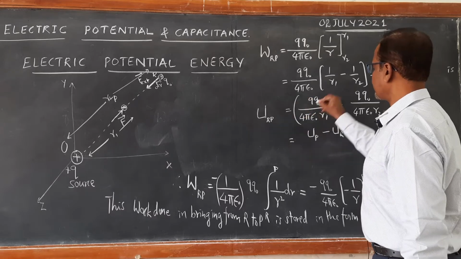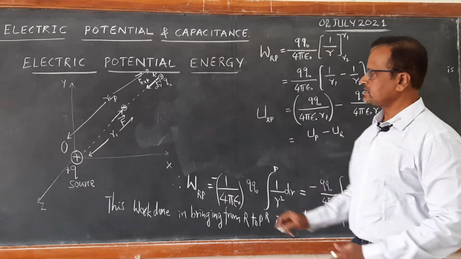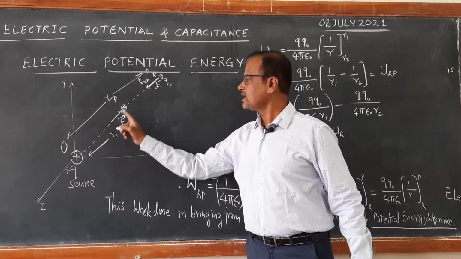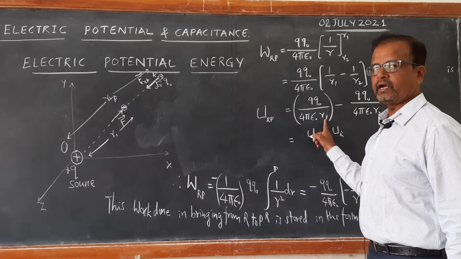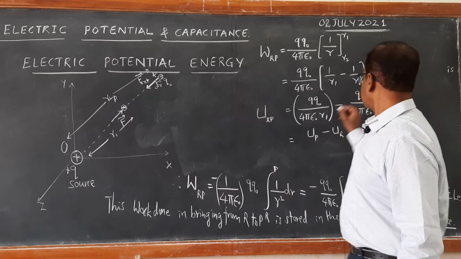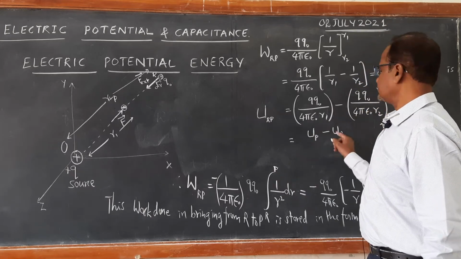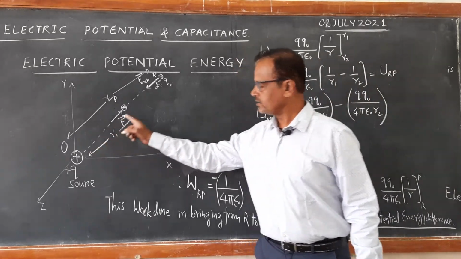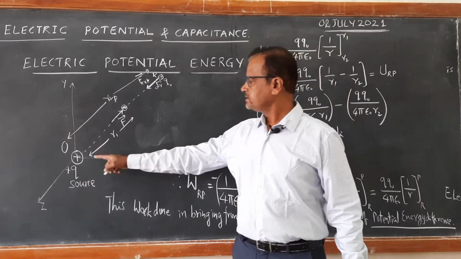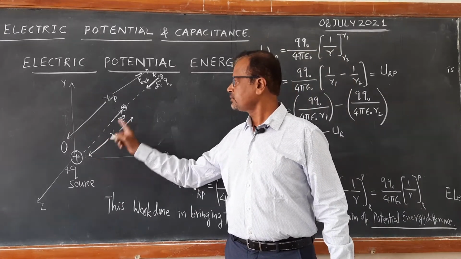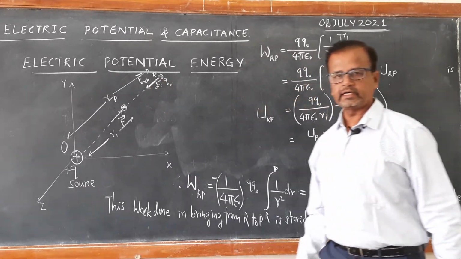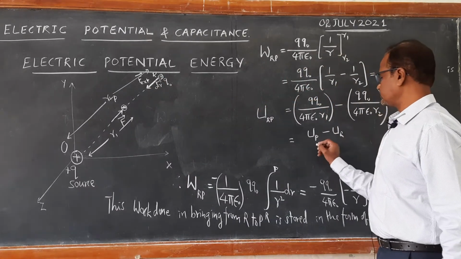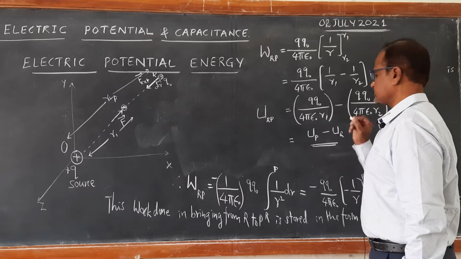This first bracket gives us the potential energy at point P at distance R1, and the second bracket is UR, the potential energy at point R at a distance R2. Therefore, this is the potential energy difference.